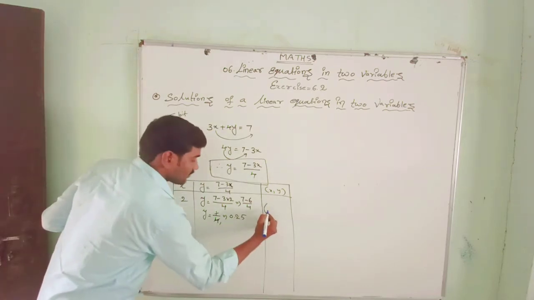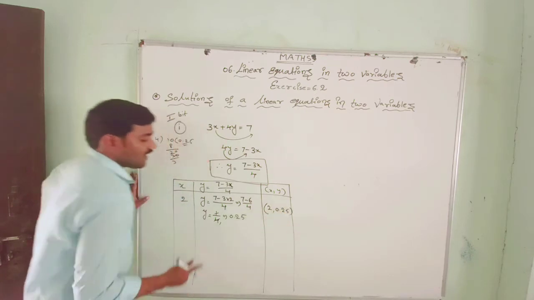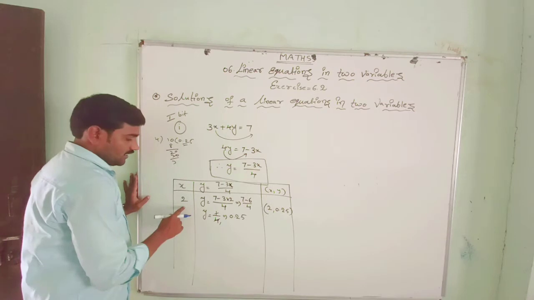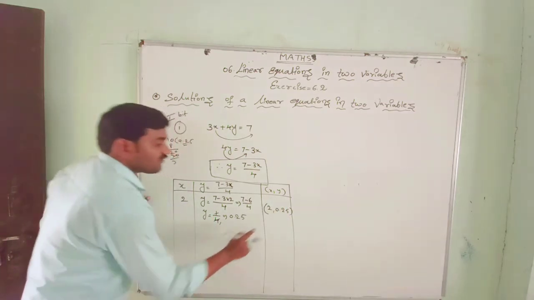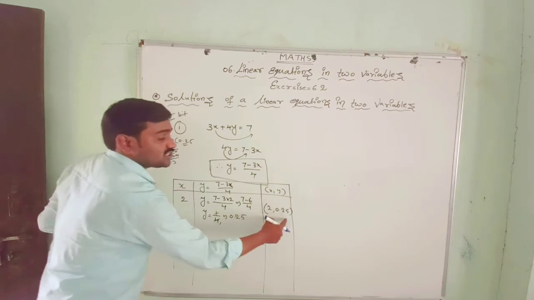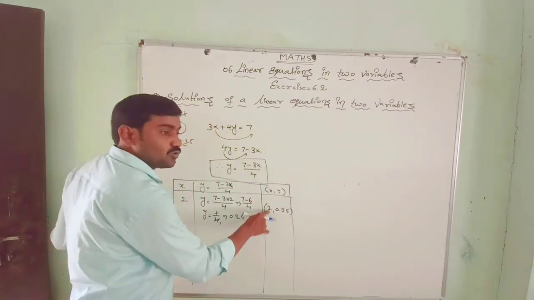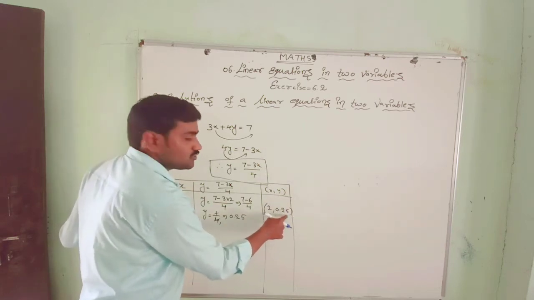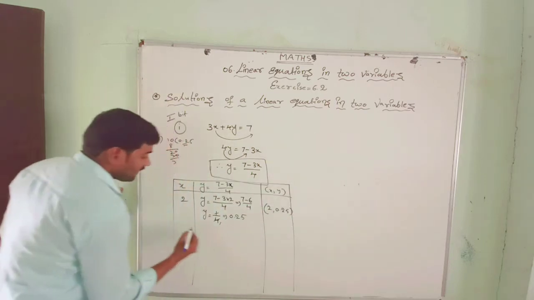So we write 2 comma 0.25. Or we can write y equal to 1 by 4 also, no problem. But if you write it this way, it is very easy to represent on the graph paper; we can locate 2 and 0.25 on the graph paper.